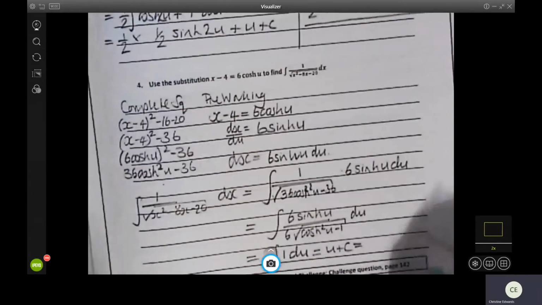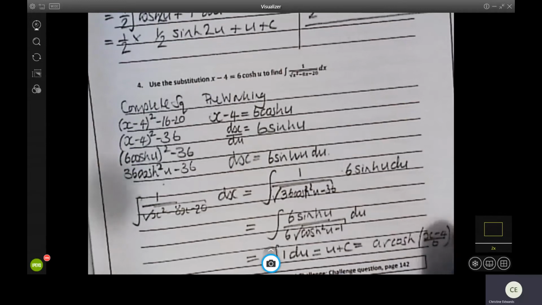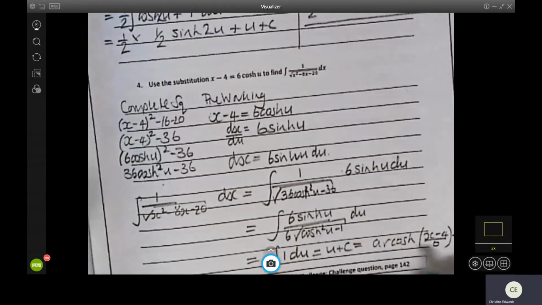which I can write out as arccosh of x minus 4 over 6 plus c. I've done that in my head.